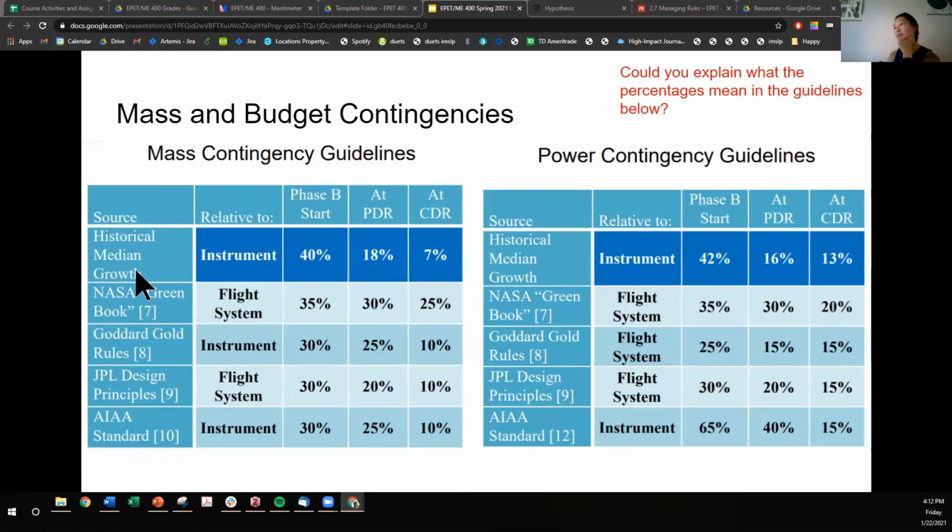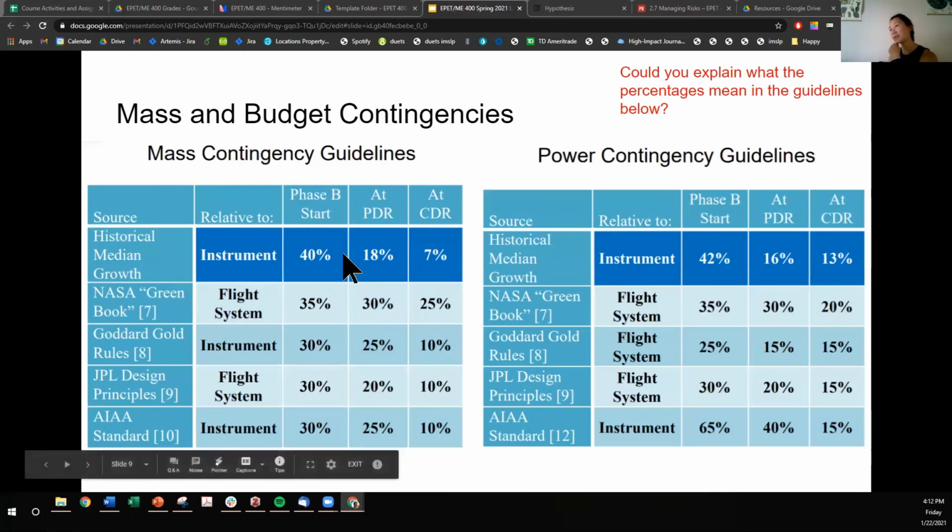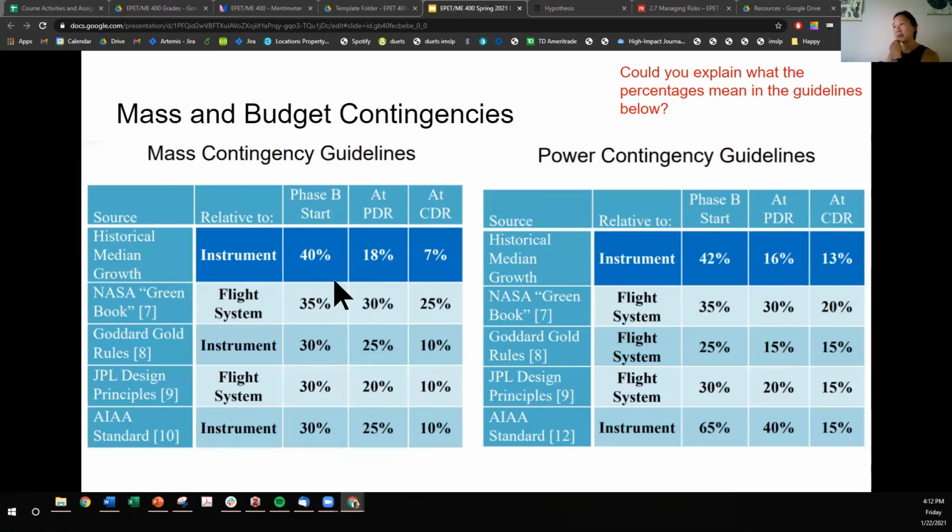And so these are their results where they looked at the final design and they looked at different stages of the design and compared how the final and initial designs differed when it comes to mass and power. And they actually saw that during earlier phases, the instrument actually needed quite a bit more margin before its convergence, but needed less margin at CDR.